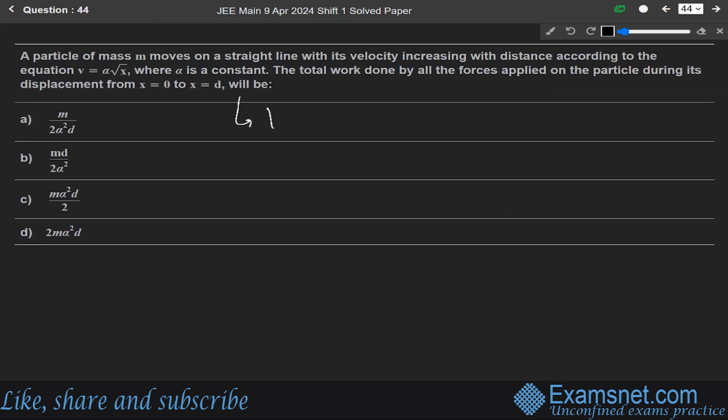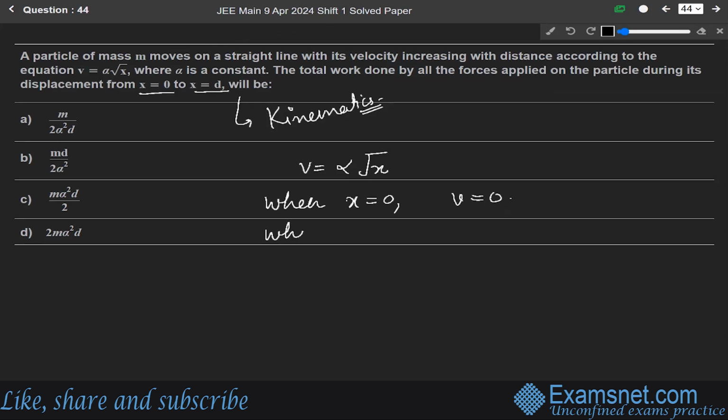So this question is from the chapter of kinematics. We are given v equals alpha under root of x. So for displacement from x equals 0 to x equals d, when x equals 0, v will become 0. And when x equals d, v will become alpha root d.